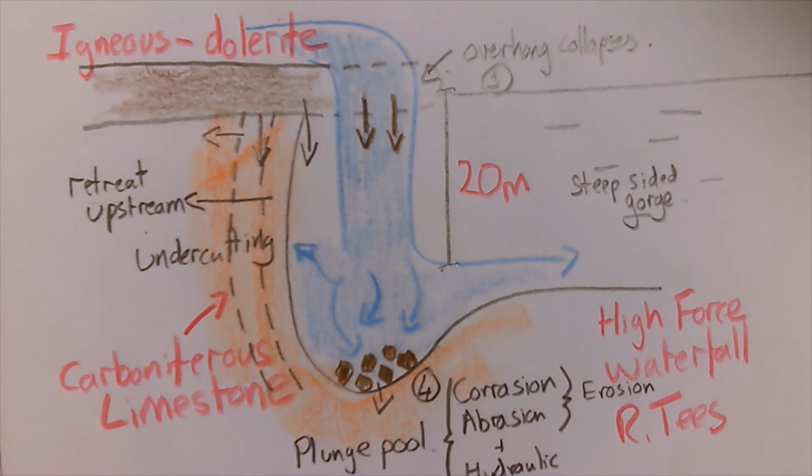Good. We have 2 types. We have the igneous dolerite and we have the Carboniferous limestone. But which is which? How can we describe the 2 of those? Afia. Lovely, exactly right. We have the igneous dolerite as the hard rock and the Carboniferous limestone as the softer rock.